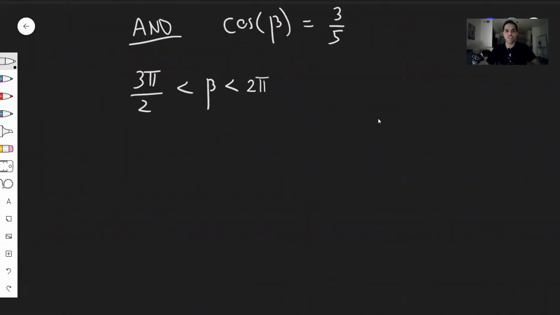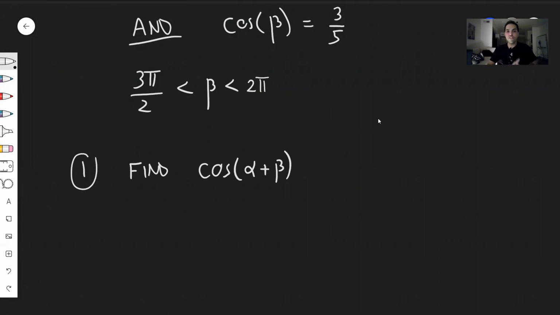And here are the questions. The first problem is find cosine of alpha plus beta. And for this, there is a stupid way of doing it, which would be to find alpha, find beta, add them, and do cosine of that.